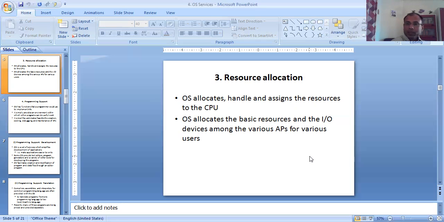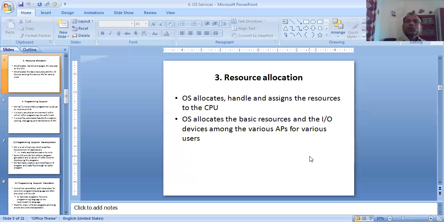That means the resource allocation and the resource management by the operating system. Operating system manages different resources. So we will discuss this resource management as one of the main function, main responsibility handled by the operating system in the next video lecture, lecture number 4, which will be the resource management.